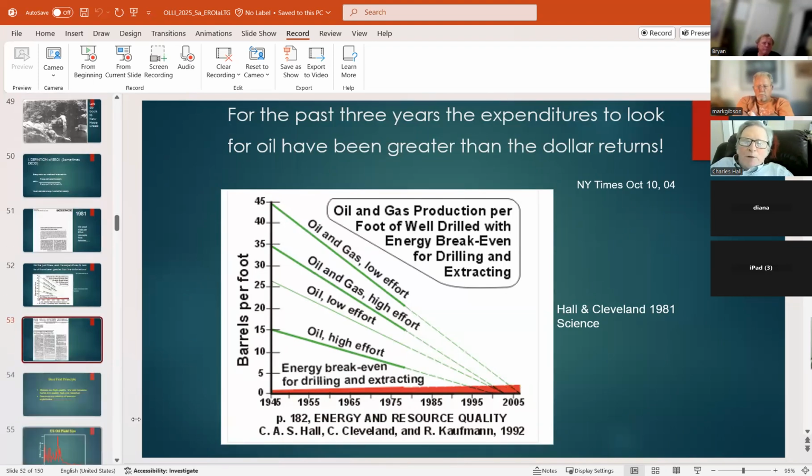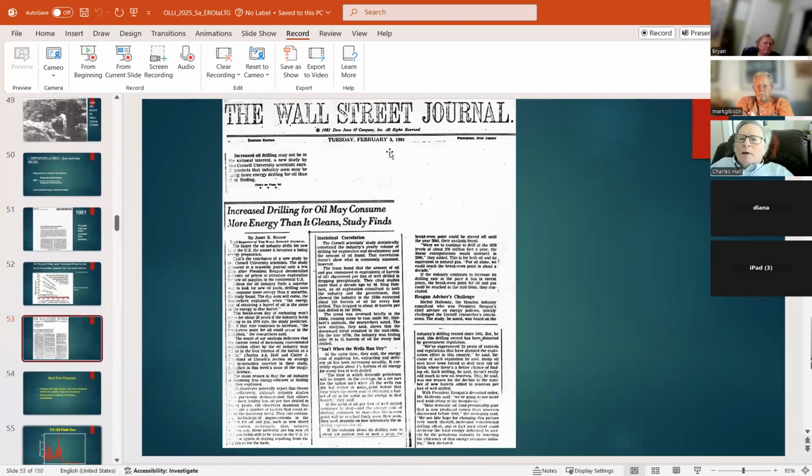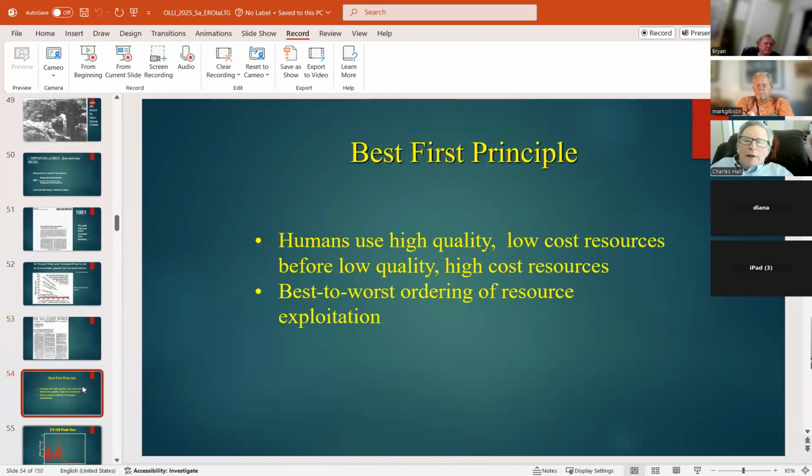And this was actually written up on the first page of the Wall Street Journal, giving me my 5 minutes of fame, as Andy Warhol says. And it really represents the best first principle. Humans use high quality, low cost resources before low quality, high cost resources. And we do the best stuff first.